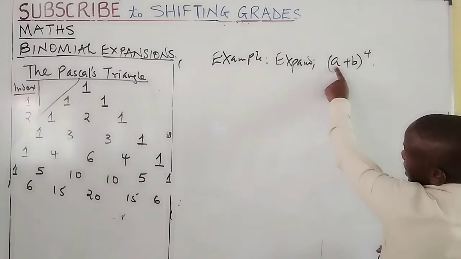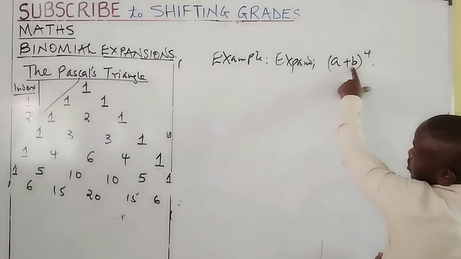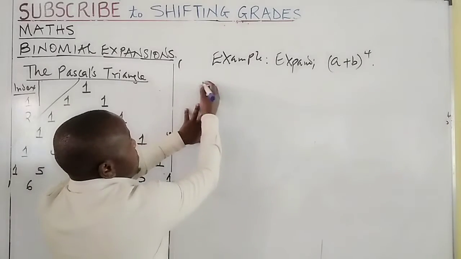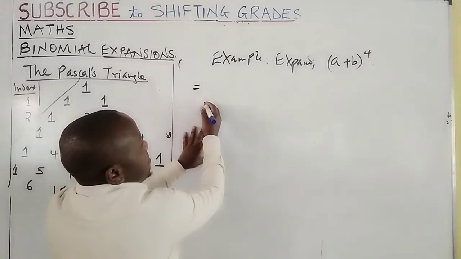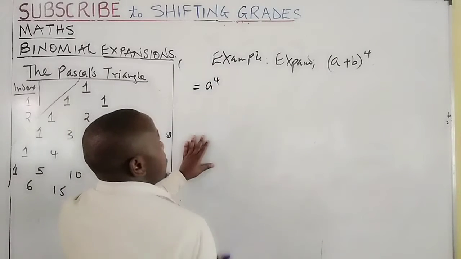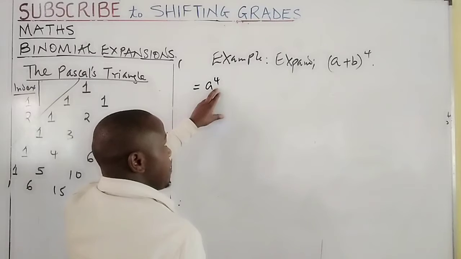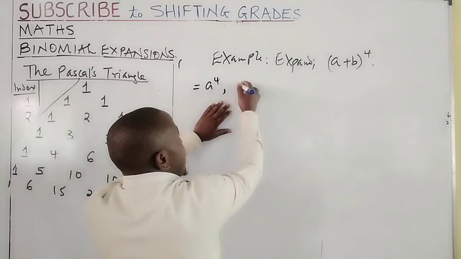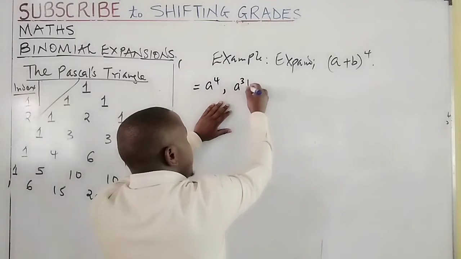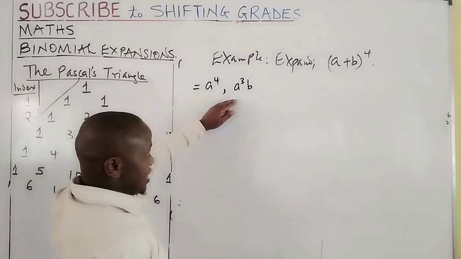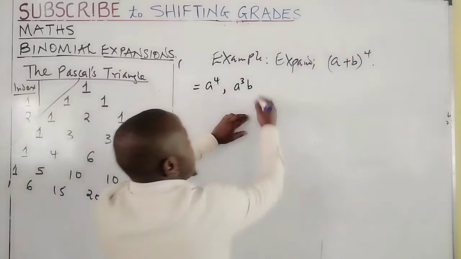as the powers of a descend, the powers of b ascend. Therefore, the first term in the expansion will be a power 4, but b is power 0. The next term will be a power 3 and b power 1, because the powers of a have started to descend as the powers of b now increase.